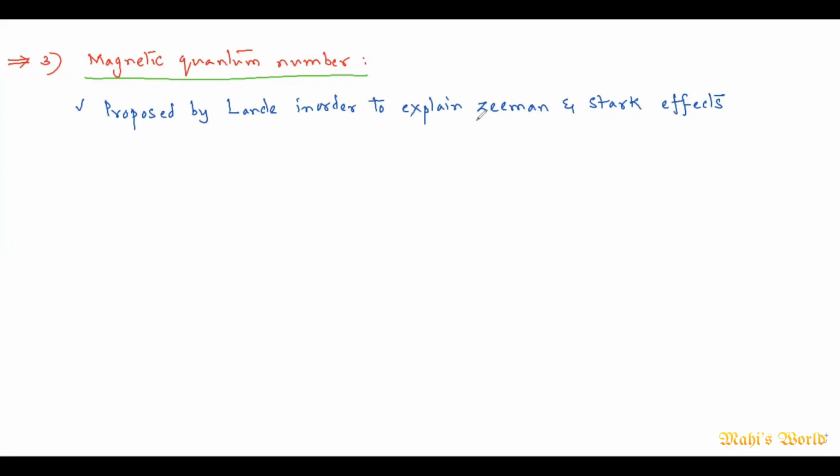What do you mean by Zeeman and Stark effects? Zeeman effect is nothing but splitting of spectral line into fine lines, still simpler lines, in magnetic field.